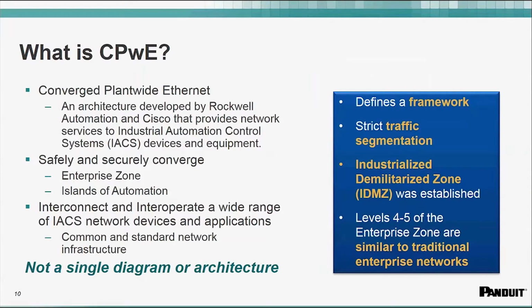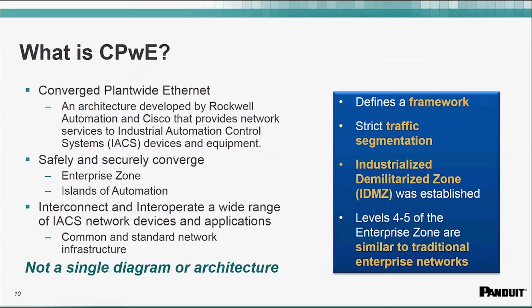What is Converged Plant-Wide Ethernet Architecture, or CPwE? It is a simple yet profound architecture that spans many use cases. It provides network services to industrial automation control system devices and equipment. CPwE safely and securely converges the industrial network up to the enterprise network, as well as converges or integrates islands of automation.